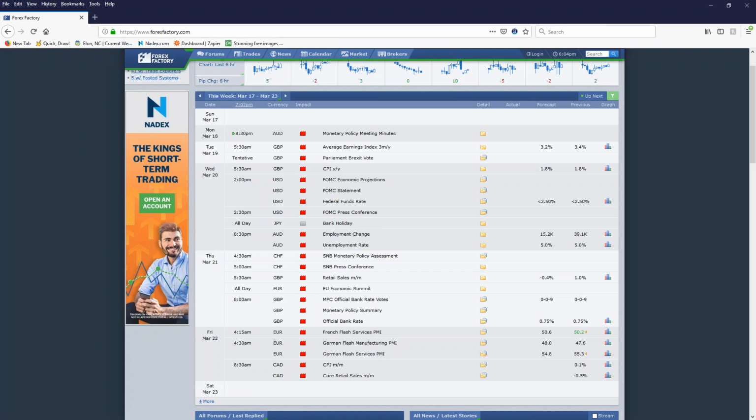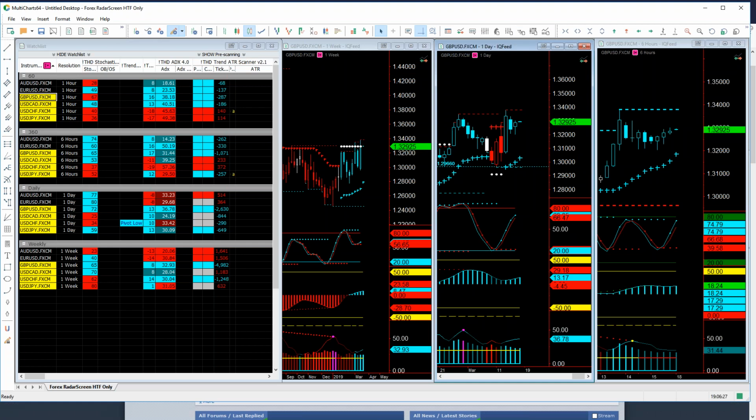Now, let's go and look at the charts. And this is called a scanner window. This allows me to monitor all of my higher time frames, for example, the 6 hours, the daily, and the weekly. The one thing that I really want to look at immediately when I pull this up is, am I going to be trading my higher time frame or my lower time frame?